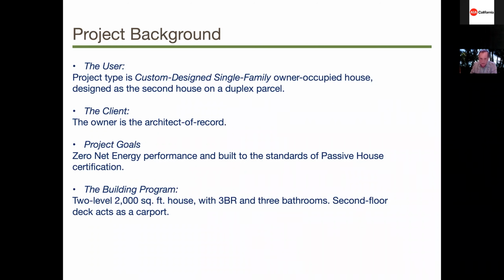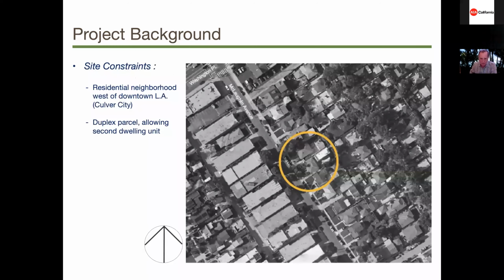Now, what's interesting about this architecturally, if you look closely within the yellow circle, you can see the new house is this white rectangle, and it's built in the backyard of a property which is occupied by this house, which was a 1950s style ranch house on a suburban street.